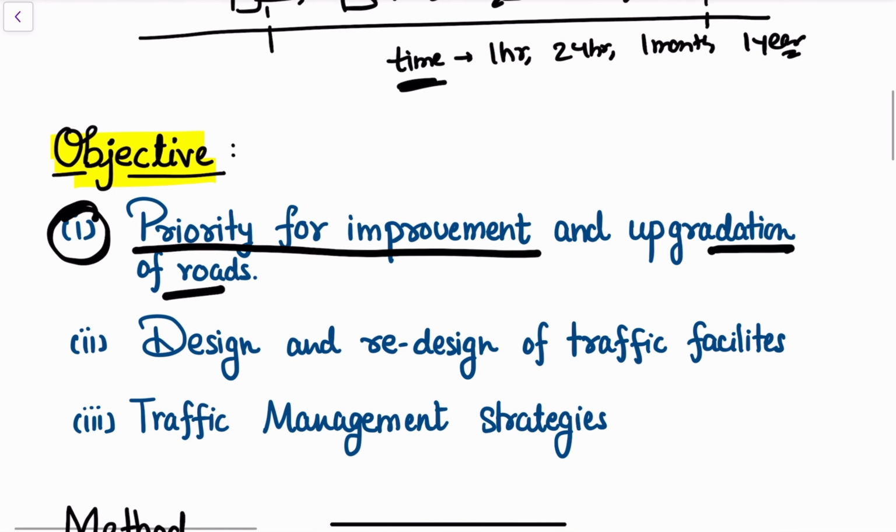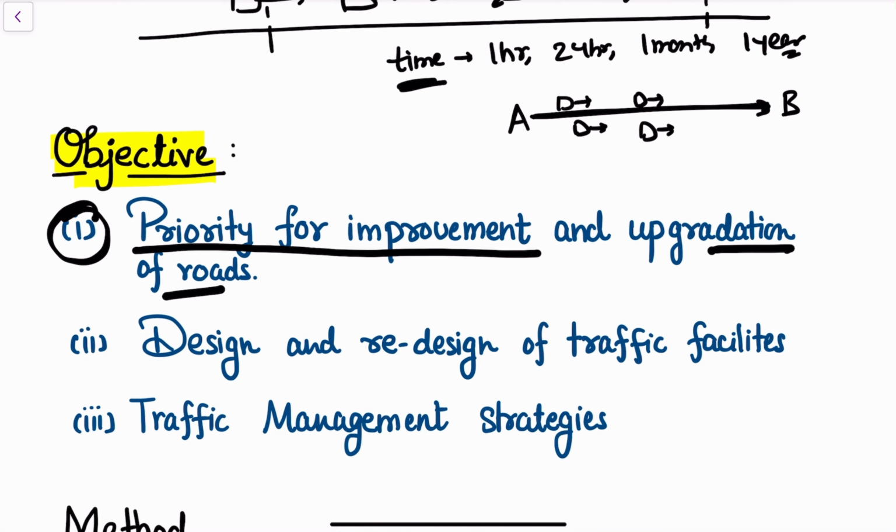Suppose there is a road going from point A to point B, that is the existing road. Over time the number of vehicles has increased on this road. So to see the feasibility of improving the comfort condition of the drivers, we do the traffic volume study.